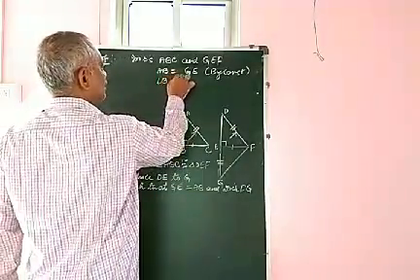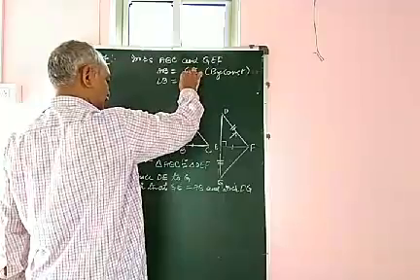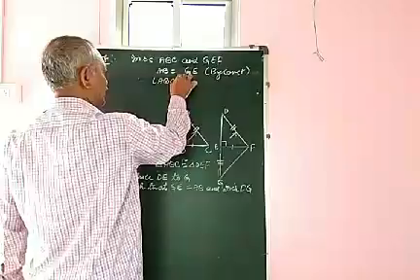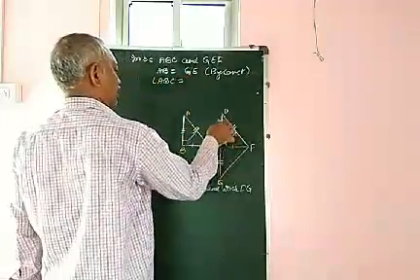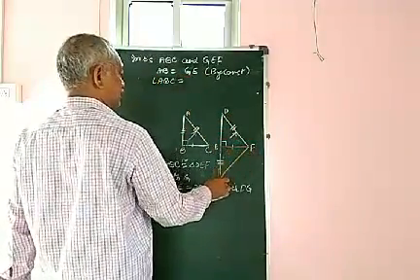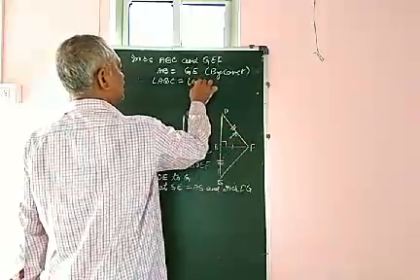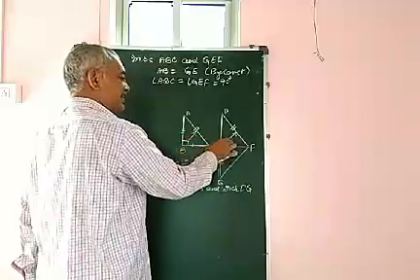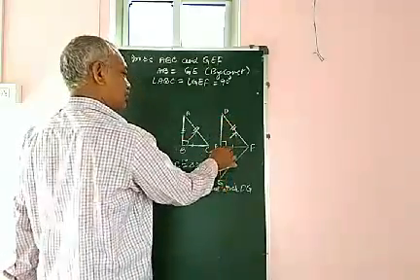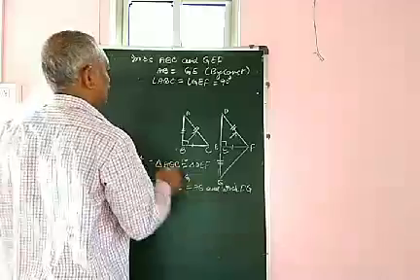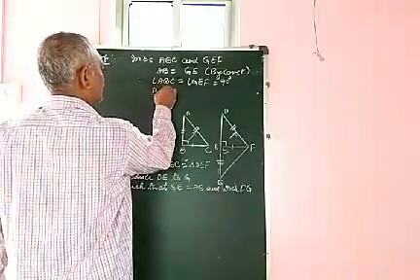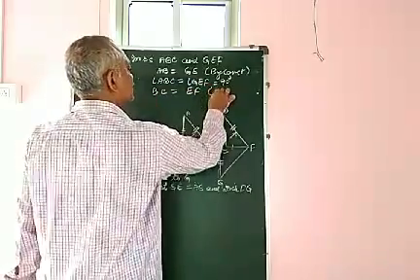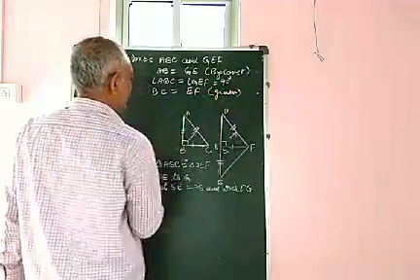Angle B is equal to angle E, meaning angle ABC is equal to angle GEF, which is 90 degrees, since B is 90 degrees, E is 90 degrees, and DE is produced, so this will also be 90 degrees. Now BC is equal to EF. This is given.